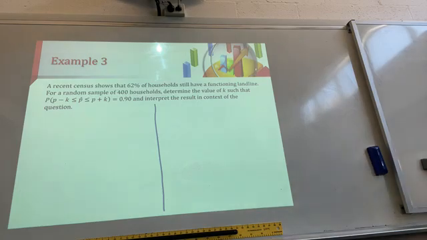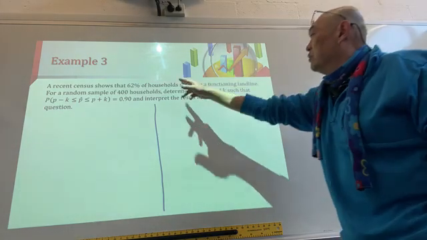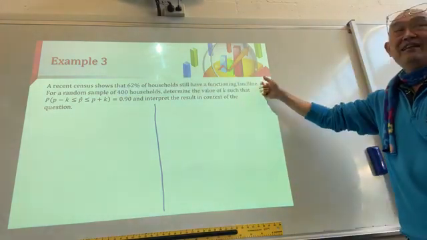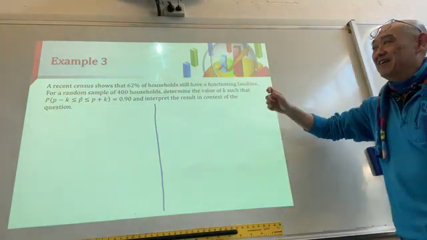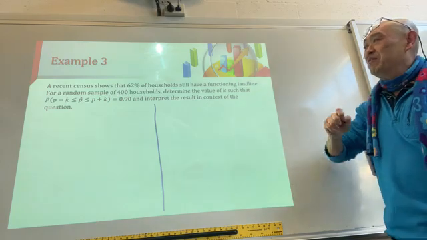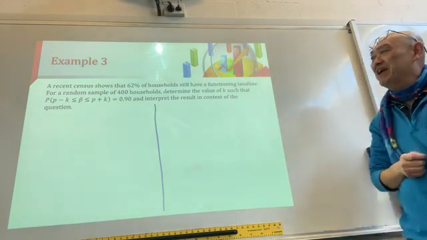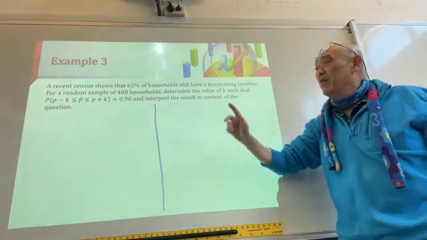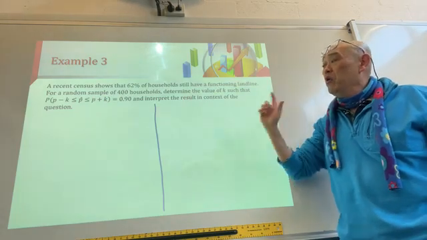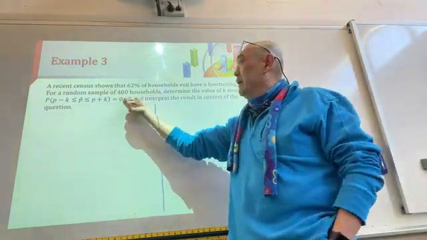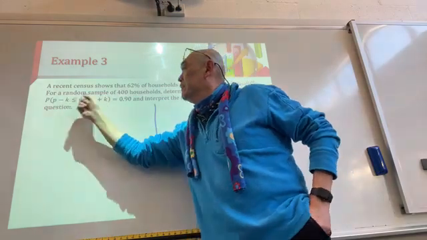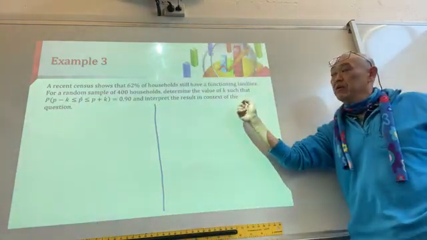The census shows that 62% of households still have a functioning landline. For a random sample of 400 households, determine the value of k such that whatever. Now we are using the probability to find those two values, and then we need to interpret the result in the context of the question.